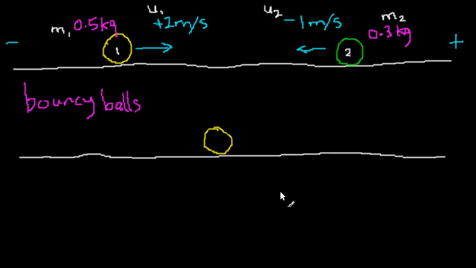No, actually, what I'm going to do is this. I want this to be bouncy balls, don't I? So let's imagine this. You have these two bouncy balls coming at each other, and when they hit each other, they get deformed, they get compressed a little bit, they get squeezed together a little bit.